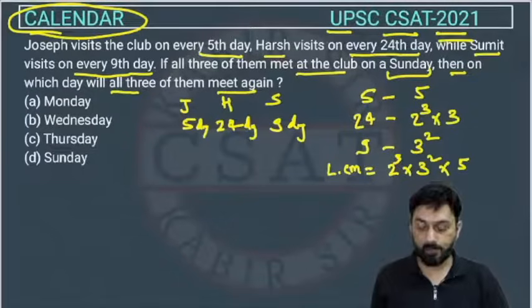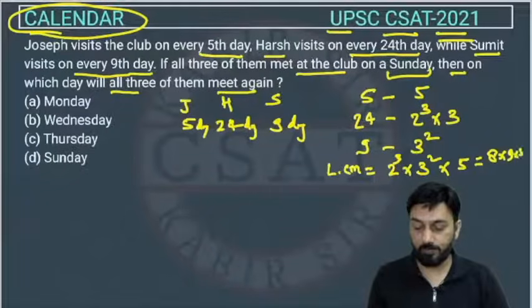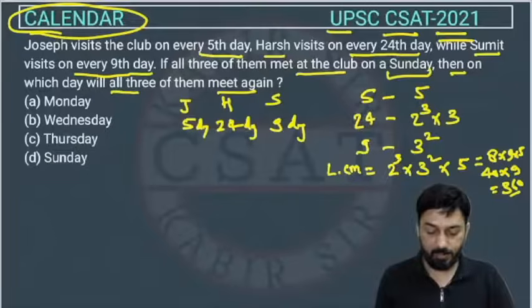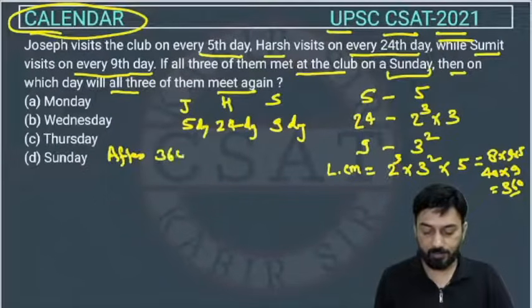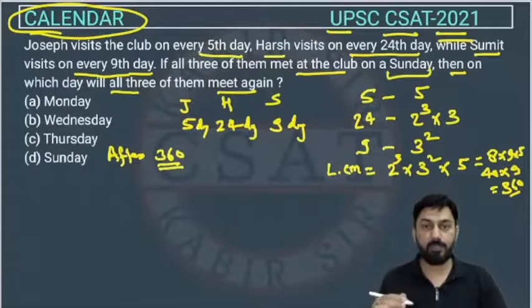So this will be 8 into 9 into 5. 8 5s are 40, into 9, so this will be 360. So they will meet again after 360 days. On the 360th day, they will meet again.